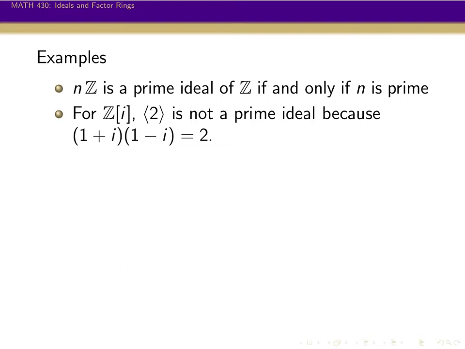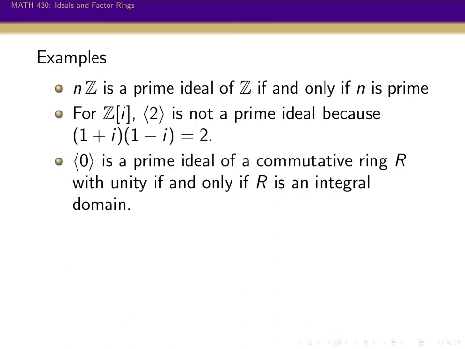And so neither of these is inside the ideal generated by 2. So there's a product of two things in this ring, Z adjoin i, that give you 2, but neither of them is in the ideal. So this means 2 can't be prime in this ring.